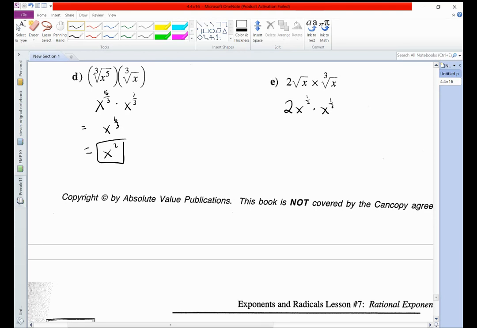And when you multiply exponents with the same base, you can add them. 1/2 plus 1/3. You need to get a common denominator here. So it'll be 3 over 6 plus 2 over 6. Should be 5 over 6. So you can say 2 multiplied by x to the power of 5 over 6.